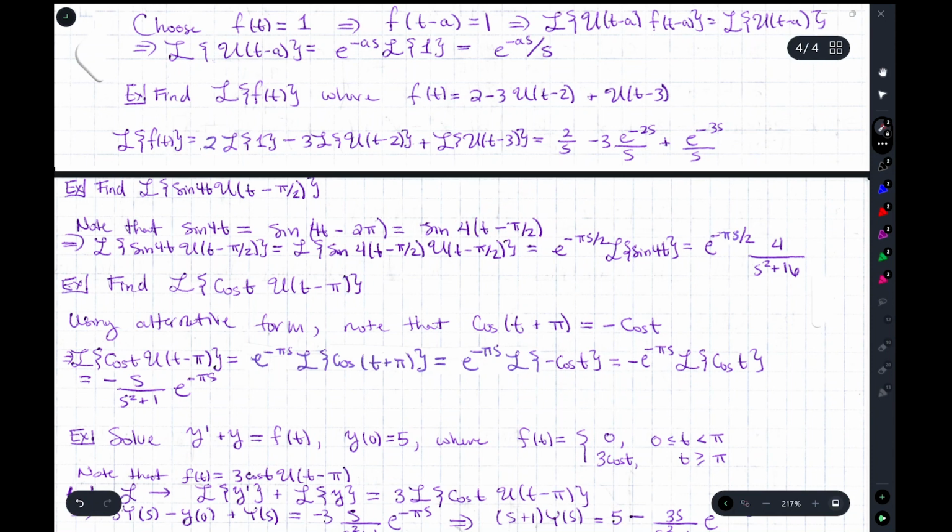So sine of, say, x plus 2 pi or x minus 2 pi is just going to be sine of x. That just means the periodicity of sine and cosine is 2 pi, so translating to the right or left by 2 pi gets you the same thing. So we're just going to go ahead and do that. And now notice that if we factor a 4 out of this term, we get t minus pi over 2.